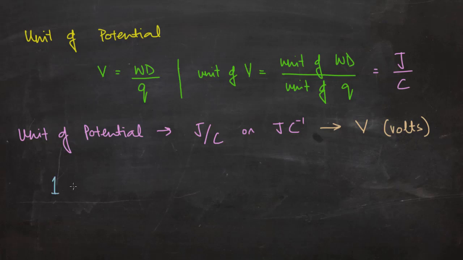So how is 1 volt defined? If 1 joule of work is done to bring 1 coulomb of charge from infinity to a point, the potential at that point is said to be 1 volt.